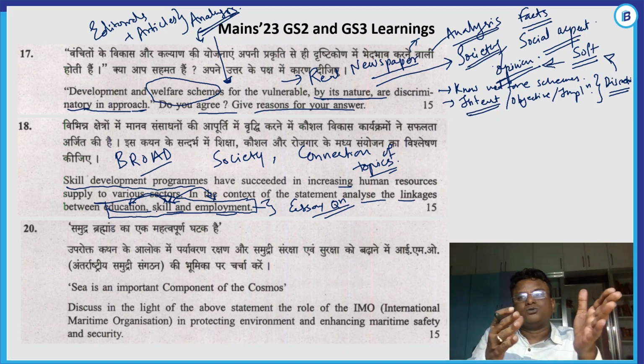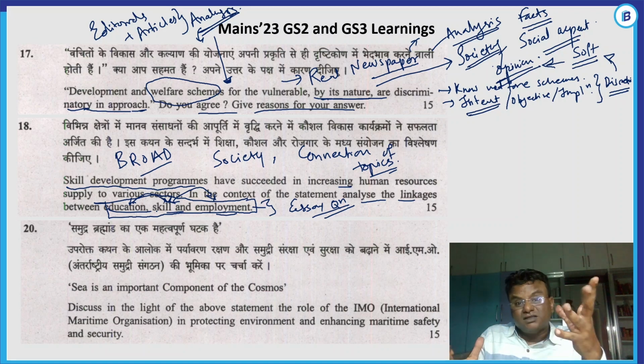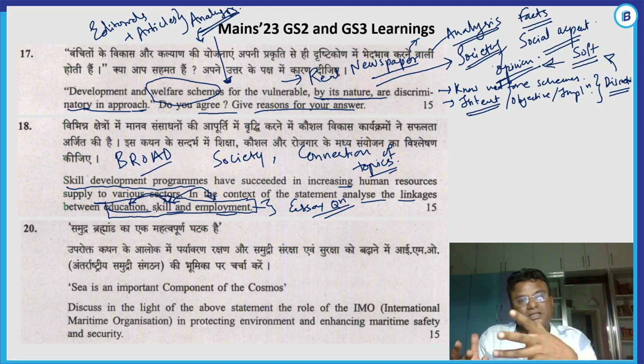You should be able to differentiate properly between education, skill set and employability, how they are interlinked, whether you can develop skill without education, whether skill is enough for employment or education is enough for employment. Put that in the current context.